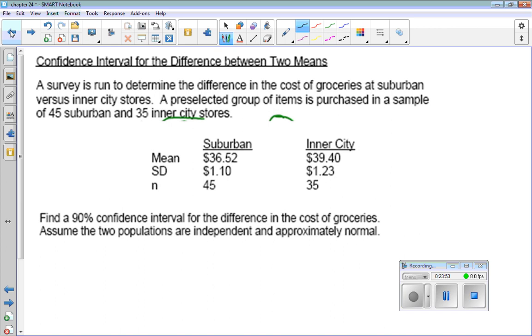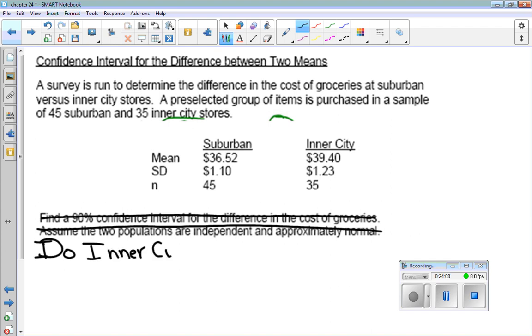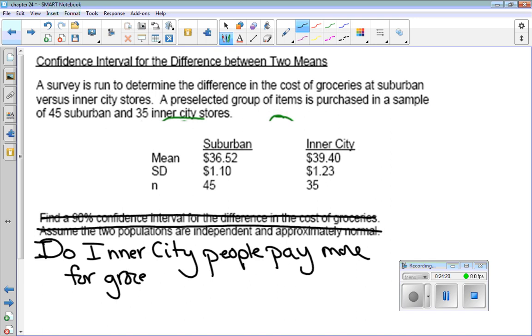So let me tell you, rather than what we did last time, we're going to do a hypothesis test to answer the question: do inner city people pay more for groceries than suburbanites?